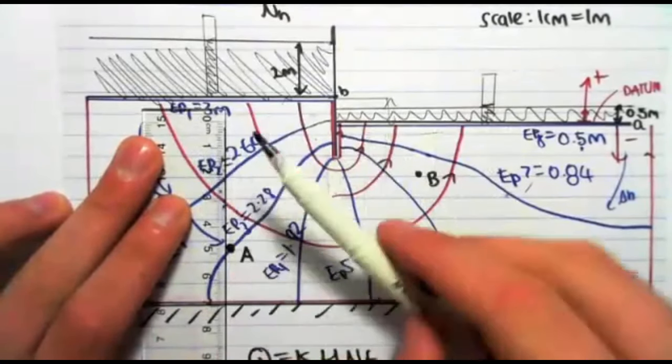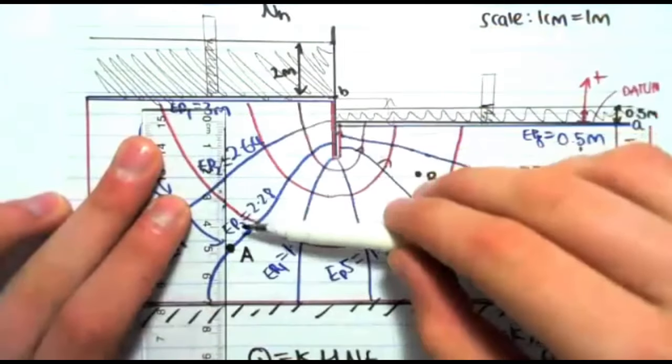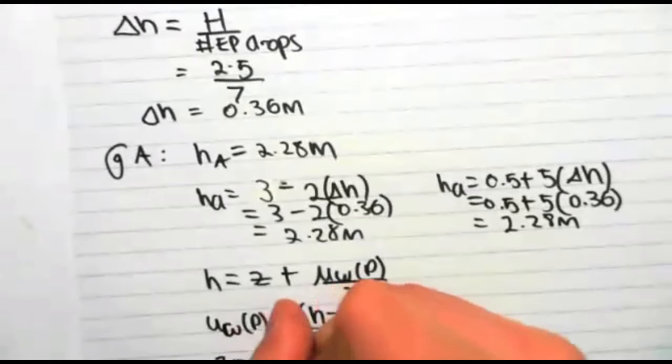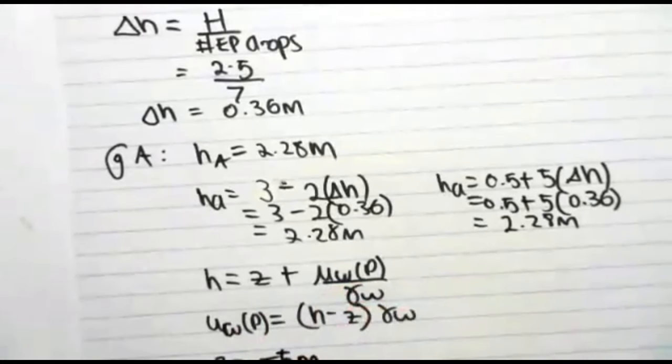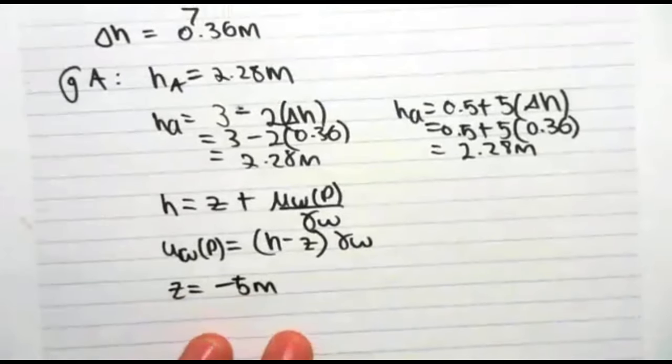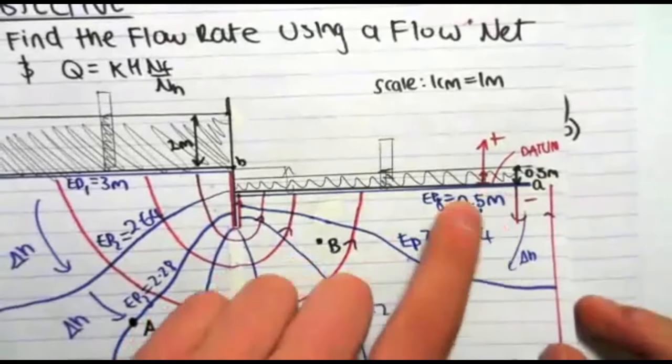I've come down from our datum 5 centimeters, and we know that our scale is 1 centimeter equals 1 meter. So Z is minus 5 meters, because we've gone down 5 meters from our datum, and down is negative while up is positive.